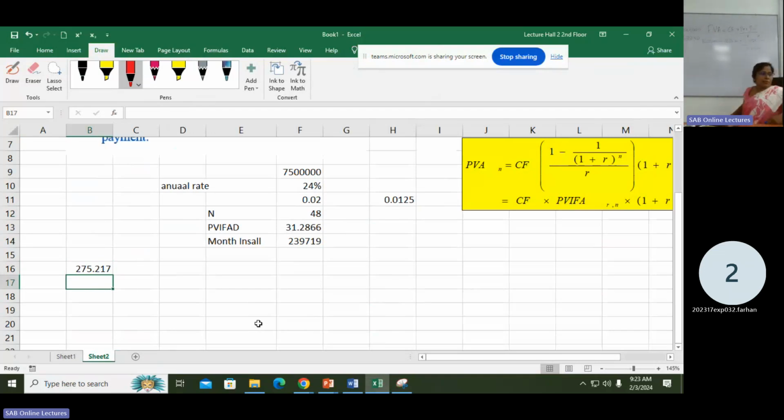Then you will get 275.172721, which is equal to (1.0125)^n minus 1 divided by 0.0125. Then you can do a cross multiplication again, so 275.1727 multiplied by 0.0125.